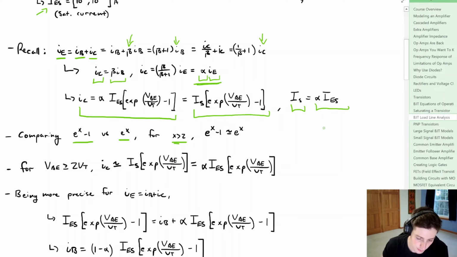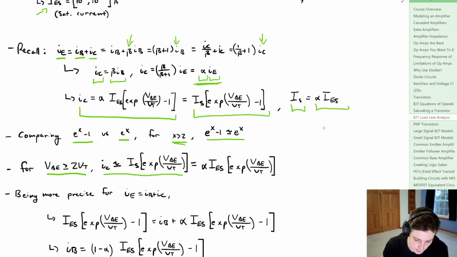For x greater than 2, we make a very bold approximation that e to the x minus 1 is approximately equal to e to the x. Again, very bold approximation. But nevertheless, for VBE greater than or equal to 2 times the thermal voltage, our approximation becomes this, where we got rid of that minus 1.